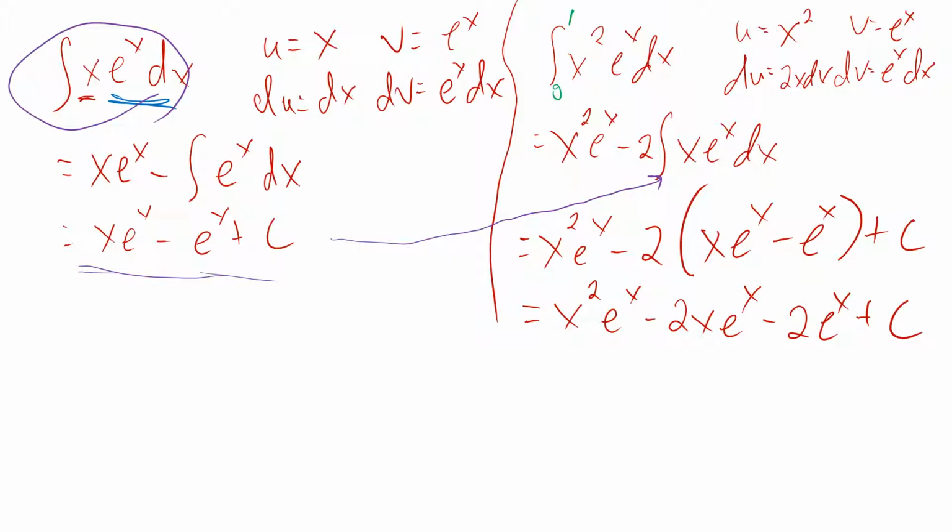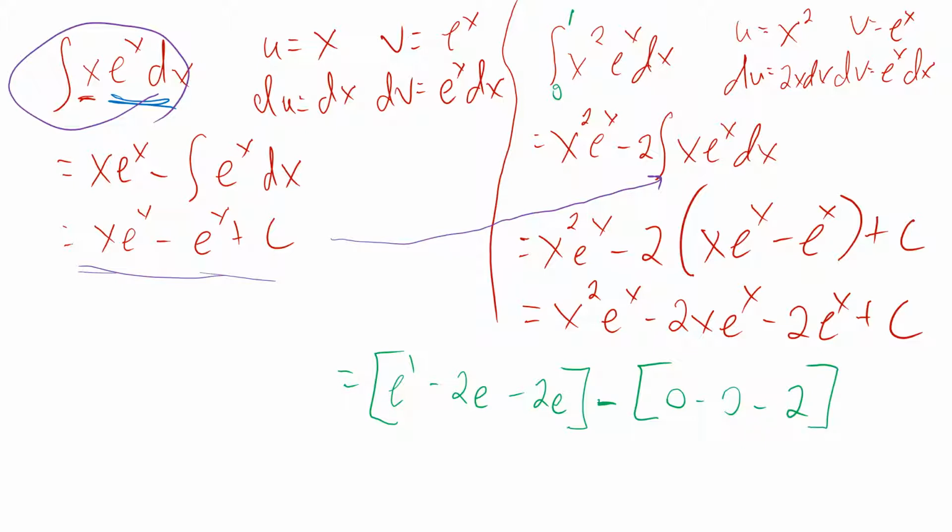So in this case, we would have 1 squared times e to the 1, so that's just e to the 1, minus 2e to the 1, which is just e, minus another 2e, right, minus plug in 0. Let's see, that first one's going to be 0, minus 0, minus 2, because e to the 0 is 1.